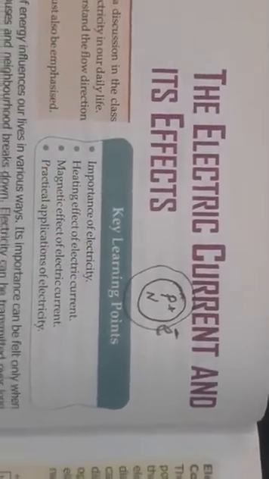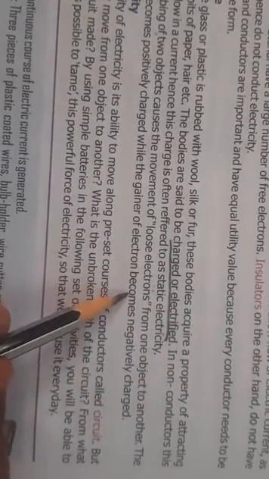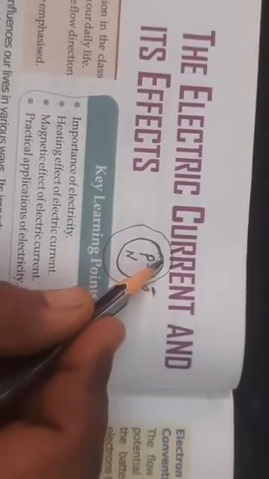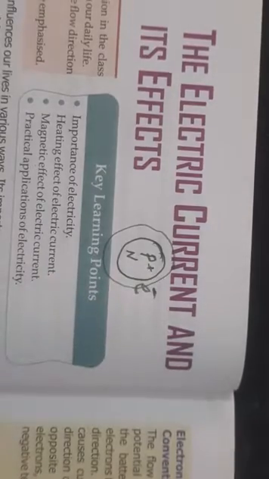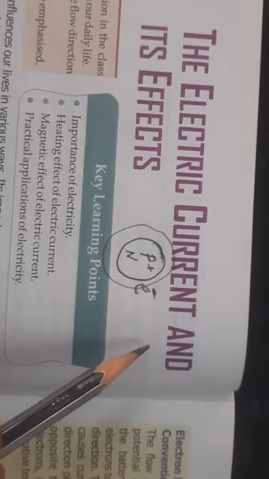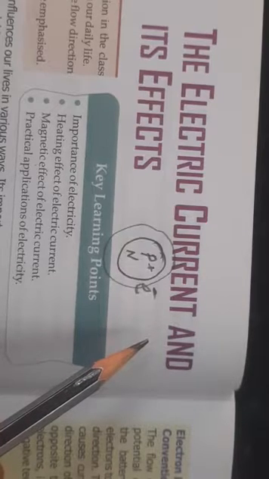So whenever we rub, it causes the movement of loose electrons. You can see here that electrons are loosely held. Inside the atoms are the protons and neutrons, and the electrons can pass from one object to another. So the loser of electrons becomes positively charged.